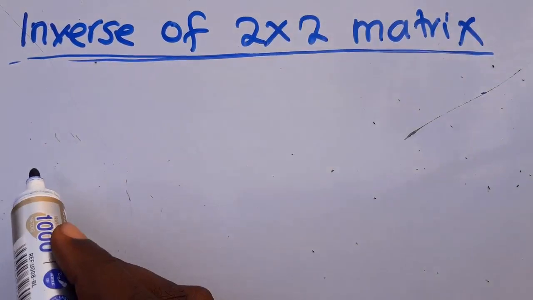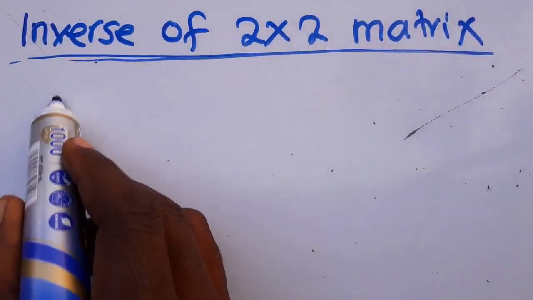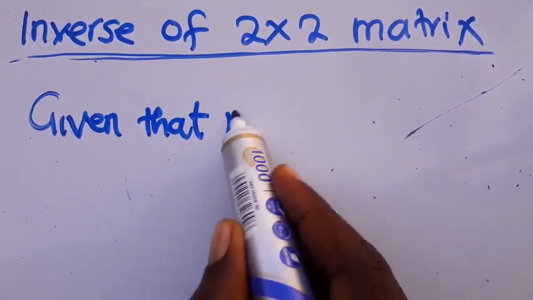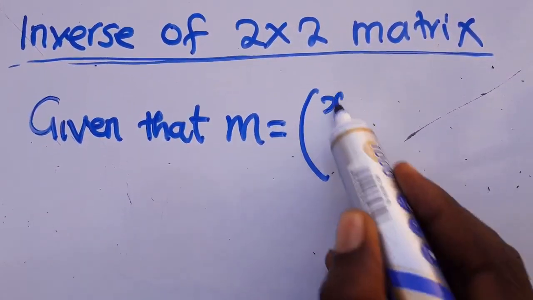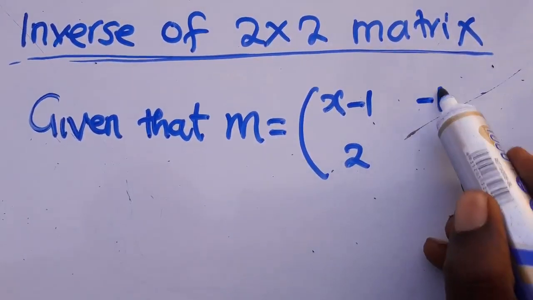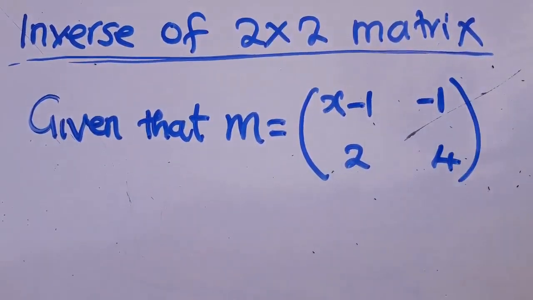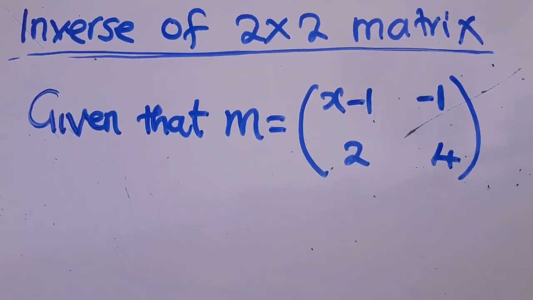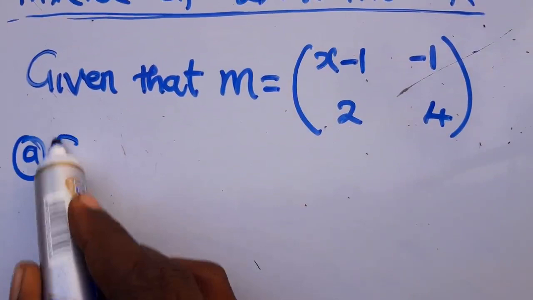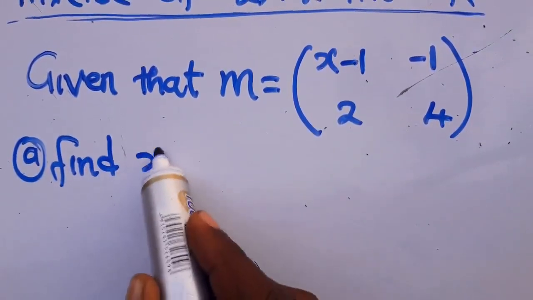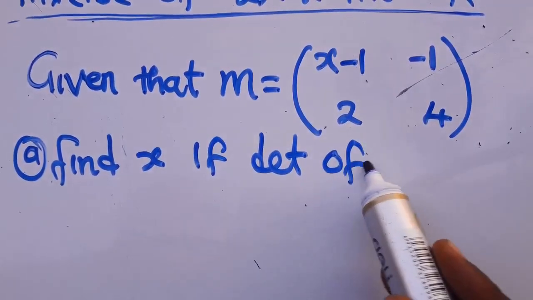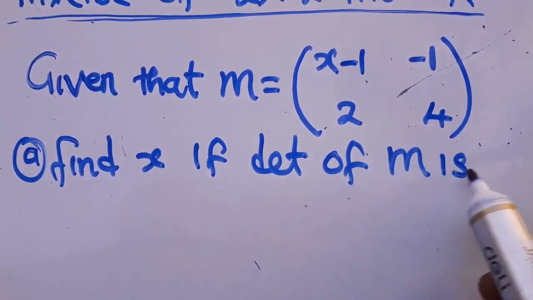So let's say you are given this question saying that, given that M is equal to the matrix x minus 1, 2, negative 1, 4. The first question you are given: find x if the determinant of M is 10.